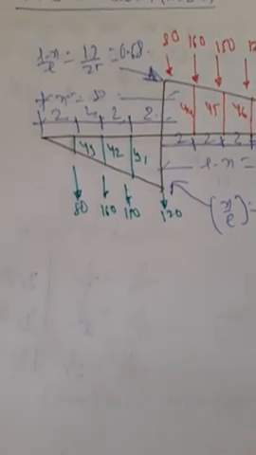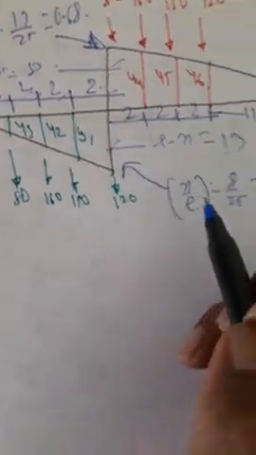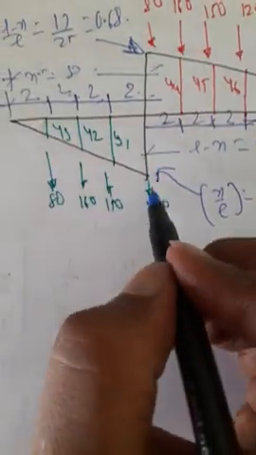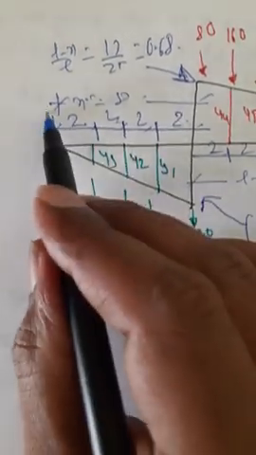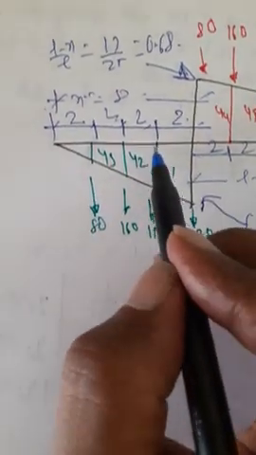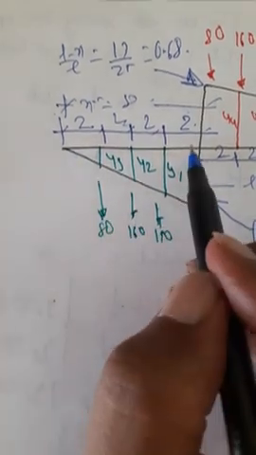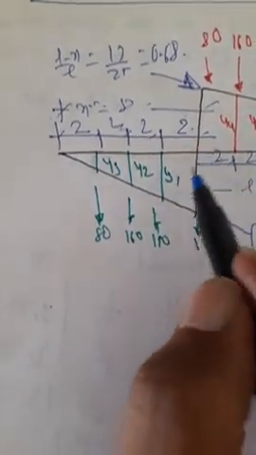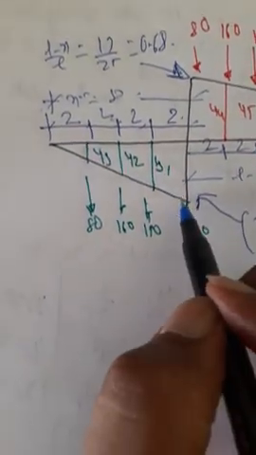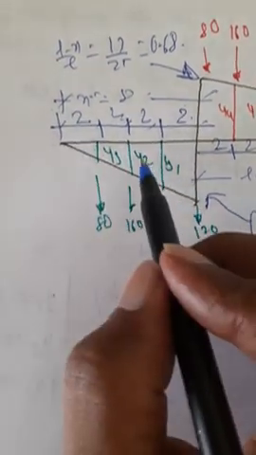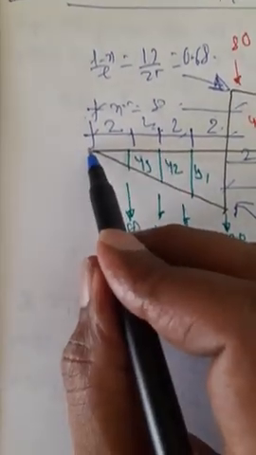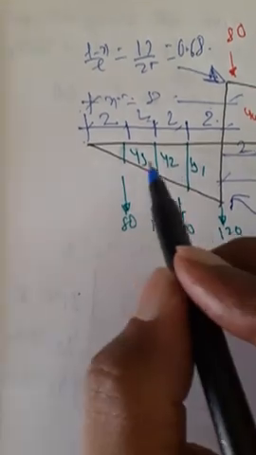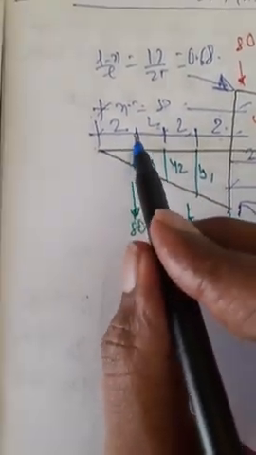So we'll start with the calculations. 0.32 divided by 8 is equal to y1 divided by 6. 0.32 divided by 8 is equal to y2 divided by 4. 0.32 divided by 8 is equal to y3 divided by 2.